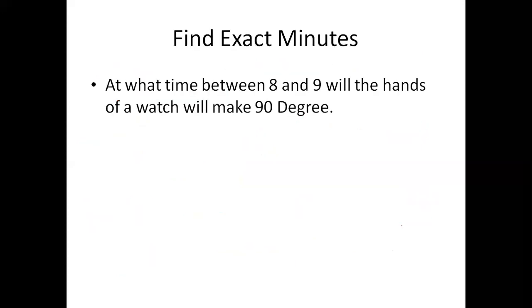The next concept, how to find the exact minutes. This means at what time between 8 and 9 the hands of a watch will make 90 degree. Now I already told you the angle concept: 11 by 2 m minus 30 h is equal to angle. Here, at what time between 8 and 9 means the hours value is 8, because whatever time comes between 8 and 9, the hours is always 8 only. So we have to find the minutes value where the angle is given as 90.